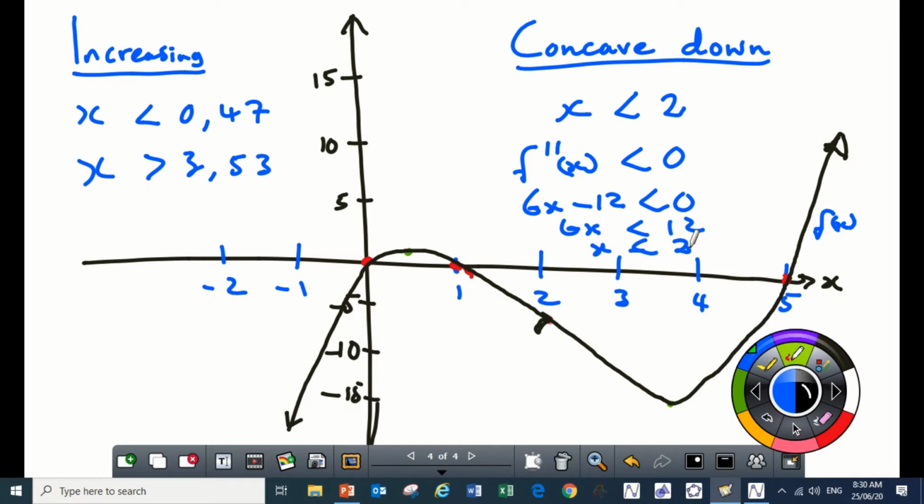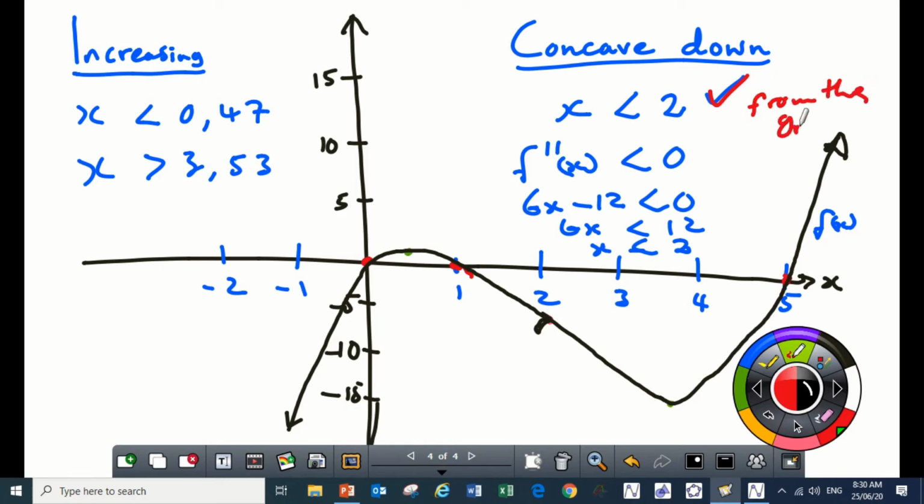So this solution here is from the graph. And this one here is by calculation.